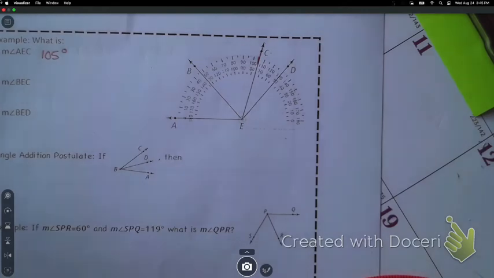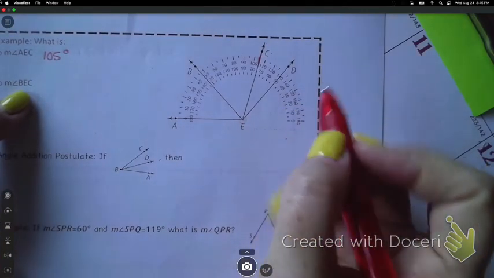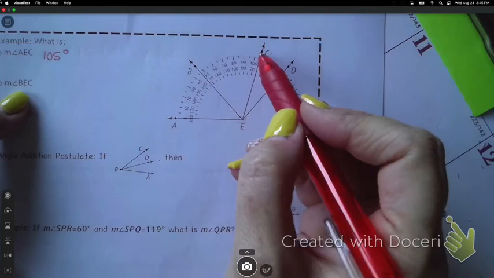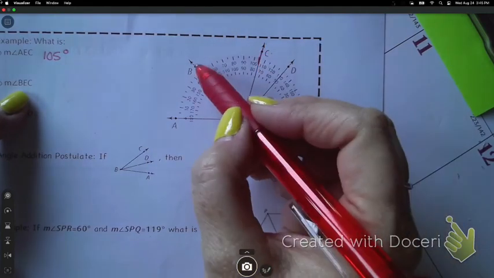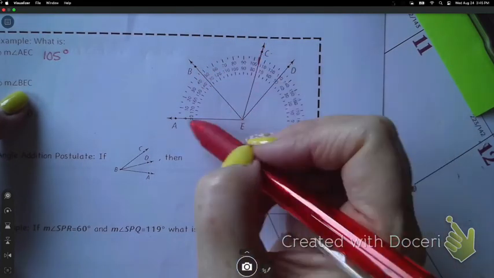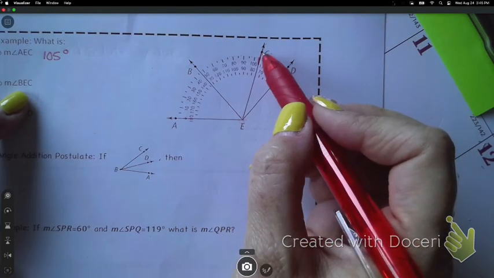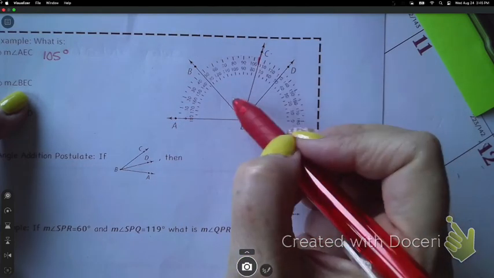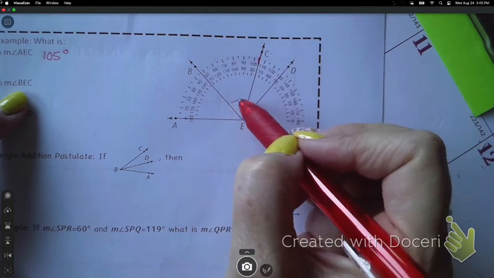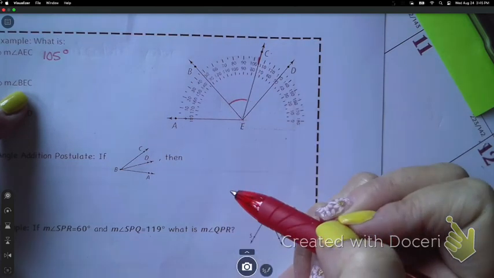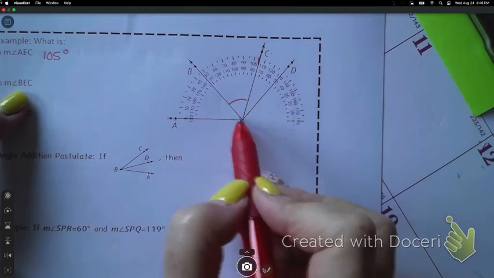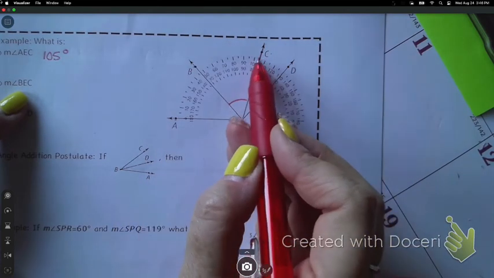Got it? Okay, BEC. Oh, that's a little harder. We know from AEC is 105, yes? Yeah. So how are we going to find it? We could find AEB and subtract it from 105, couldn't you?